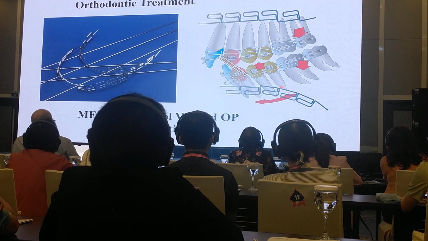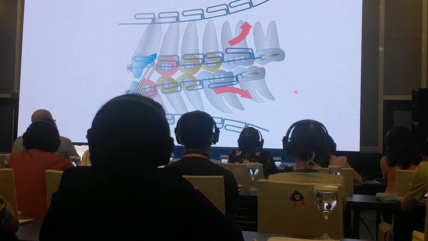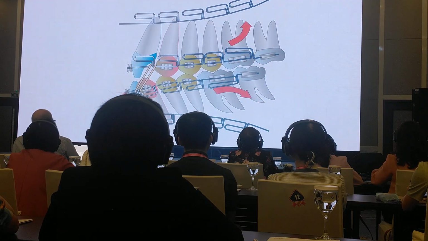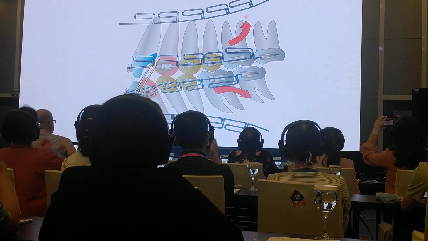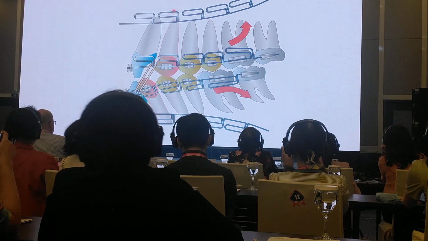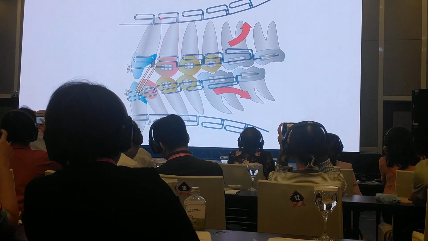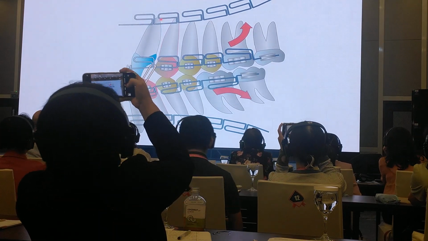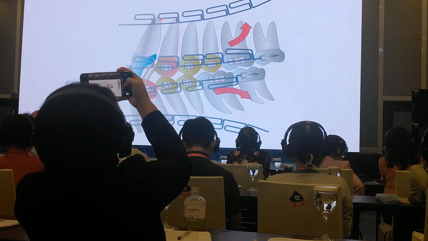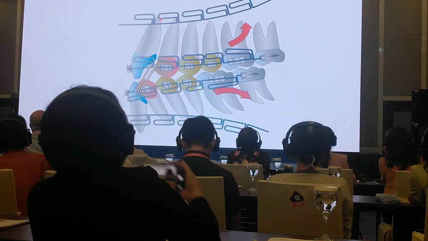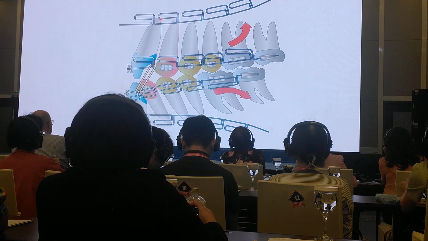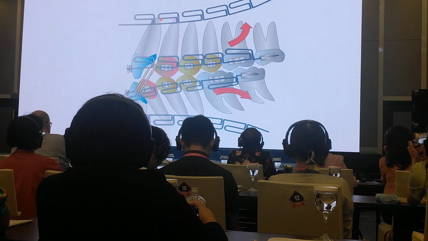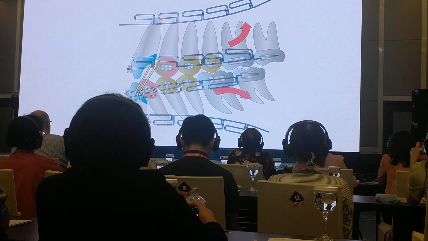This is class 3. Yeah, this is class 3. Yeah, mechanics is upper and lower multiloop group. Then upper arch should have the tip back bend. Yeah, tip back bend. If you compare the upper and lower, upper tip back bend is a little bit stronger than lower.